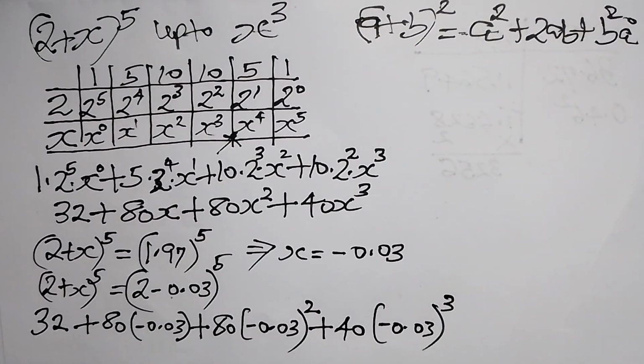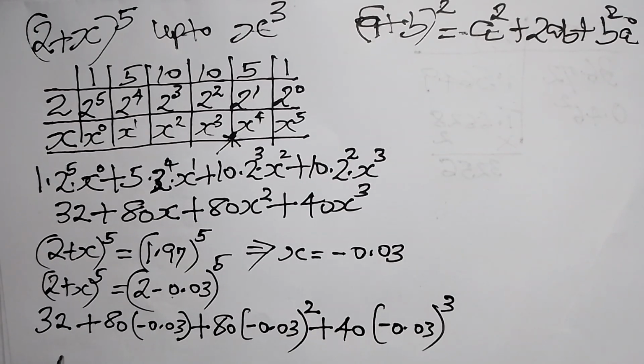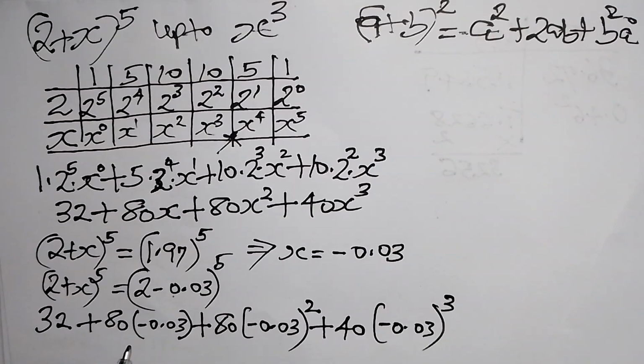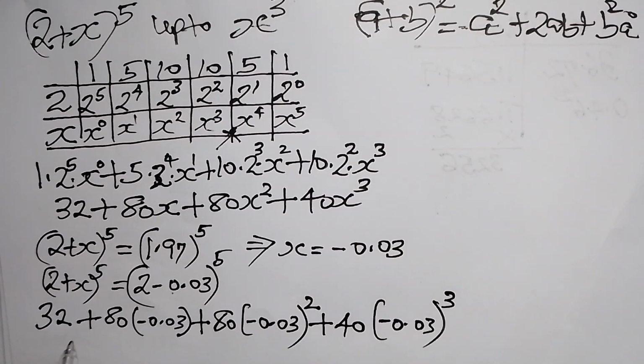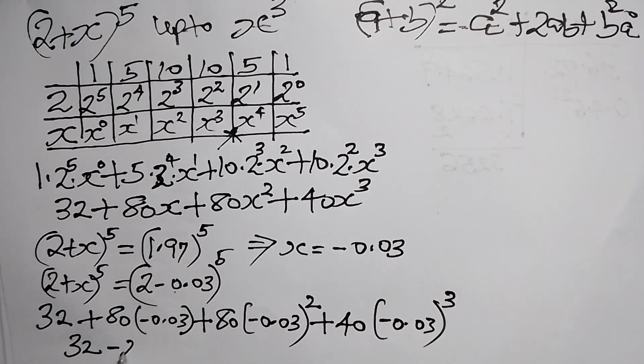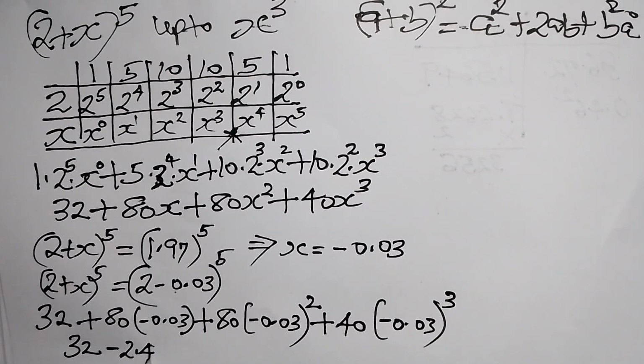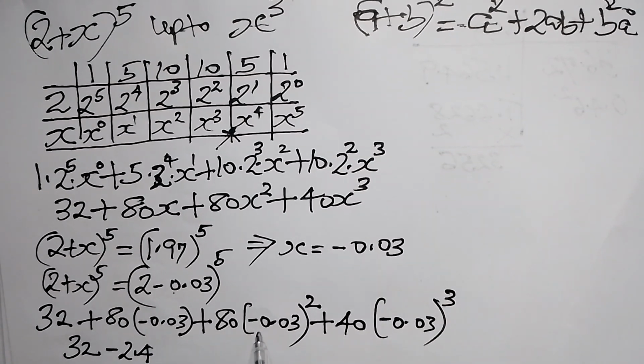We can go ahead and simplify using our calculator. We're going to get 32. 80 times negative 0.03 will give you minus 2.4. Negative 0.03 squared will become a positive, because when you square this, it gives a positive value.